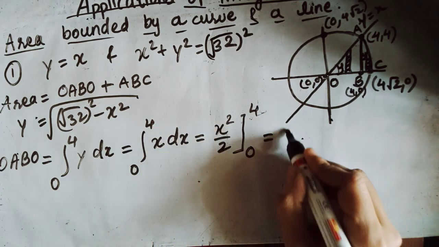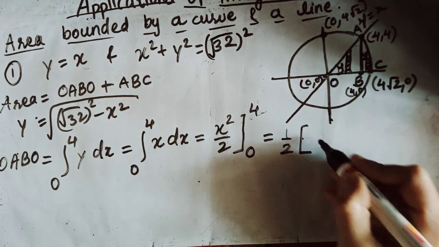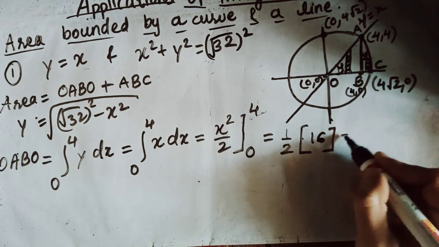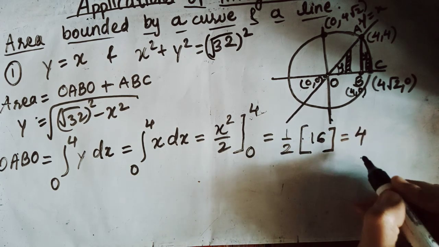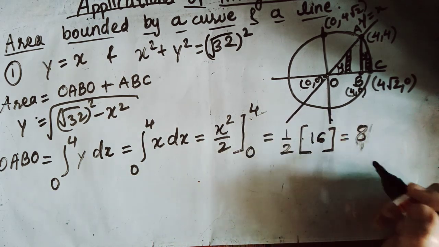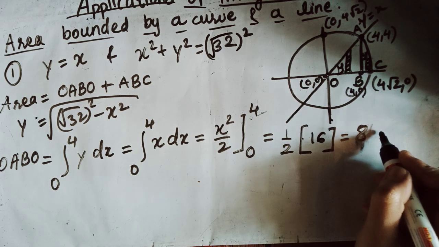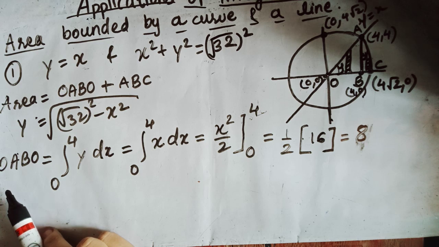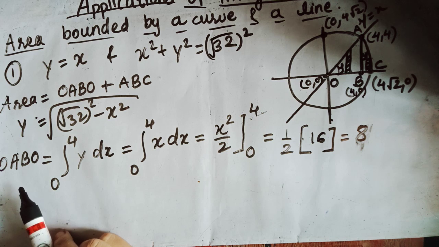So this becomes half, you can take outside, 4 square minus 0, which is 16, right? So this is 8 square units. This is the area of OABO.